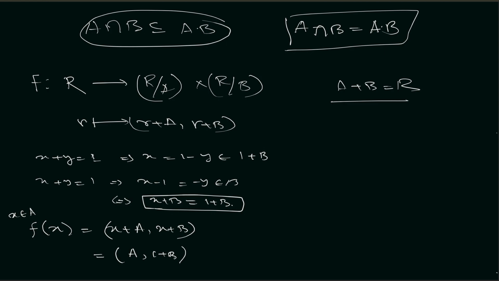Okay, what is f of y? y is an element of B, and f of y is y plus A comma y plus B, but y is already a member of B, so I can write this to be B. But what is y plus A?